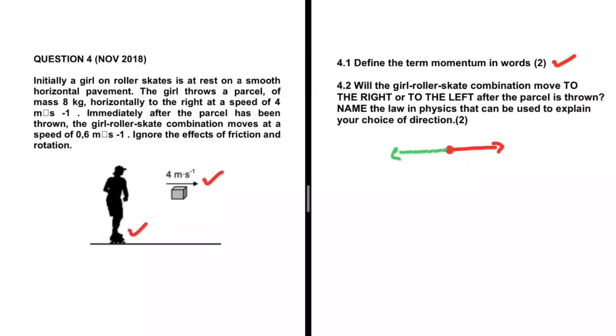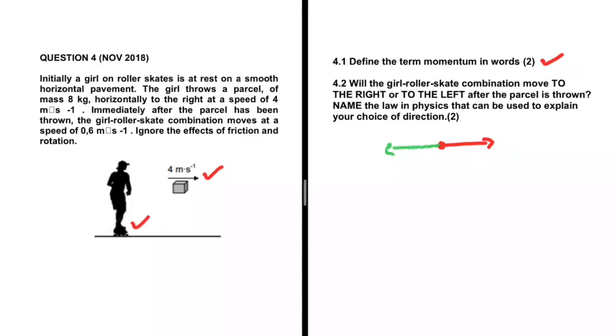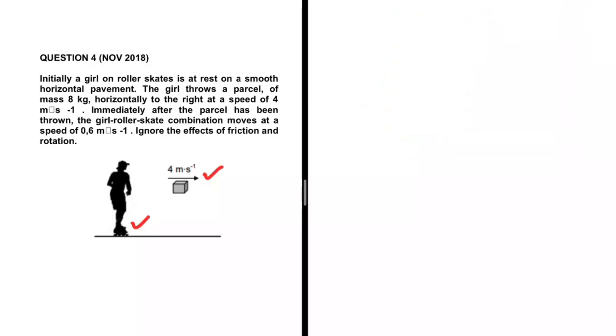So the girl roller skate combination will move to the left because the girl is applying a force on the parcel to the right. Because of Newton's third law. Right, so there we go. That is 4.2.